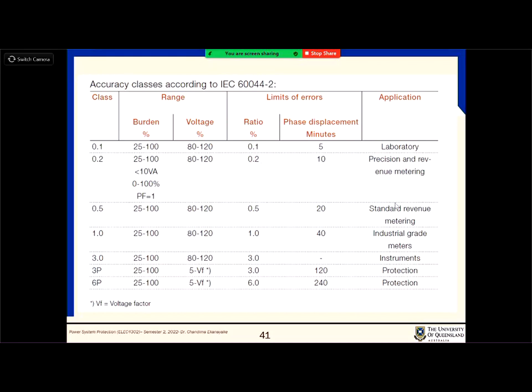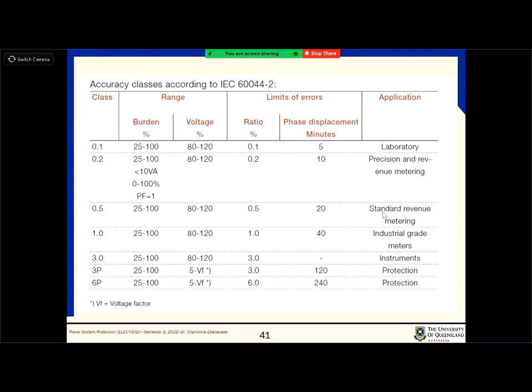And then precision and revenue measurements, the next one. Why? Money is involved, right? Nobody wants to pay more, nobody wants to lose more, right? So then you need to have some high accuracy.